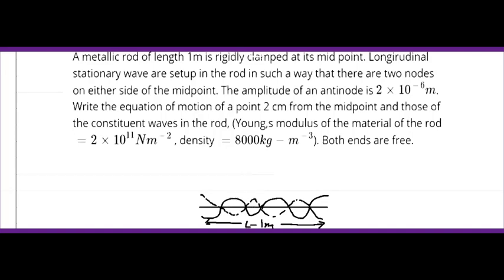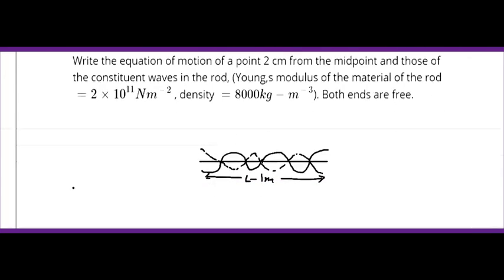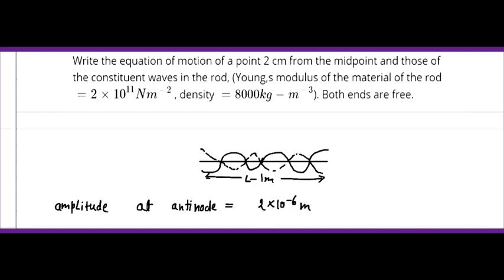Firstly we write the given data. The amplitude at the antinode is equal to 2 into 10 raised to power minus 6 meter.